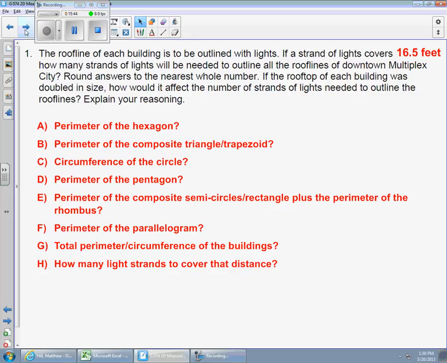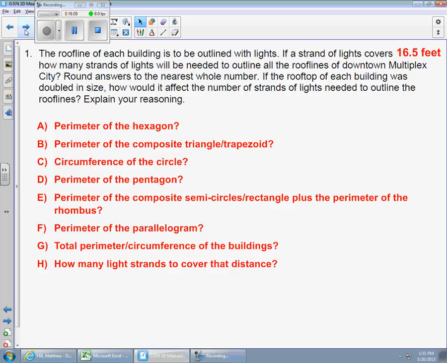B, another thing we're going to have to do is find the perimeter of the composite triangle trapezoid shape. That's going to be a little interesting because we can find perimeters of these figures, but since they're composite, we lose some of the side lengths of some of these shapes. So you'll have to put your thinking cap on to get the perimeter of the composite triangle trapezoid.